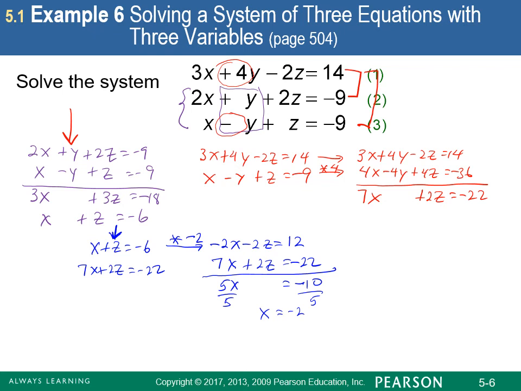Now, just like before, once we get this answer, we need to substitute to get one of the other letters. Well, the key is don't go all the way back to the original because you still have two other letters. Pick out some of the equations that only have 2 letters.